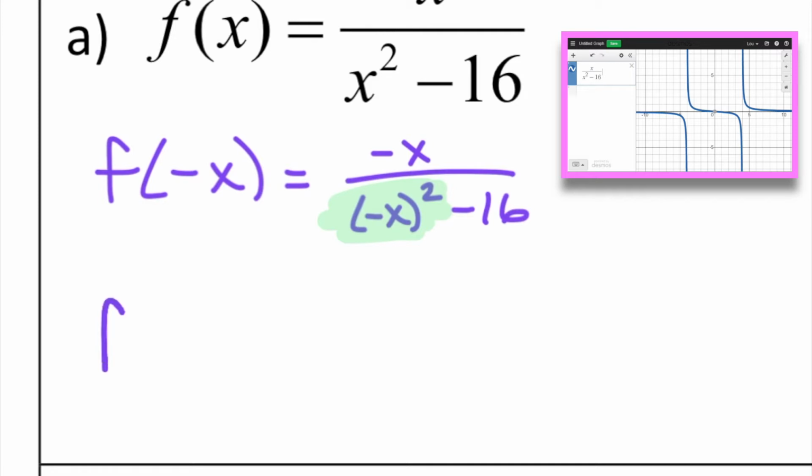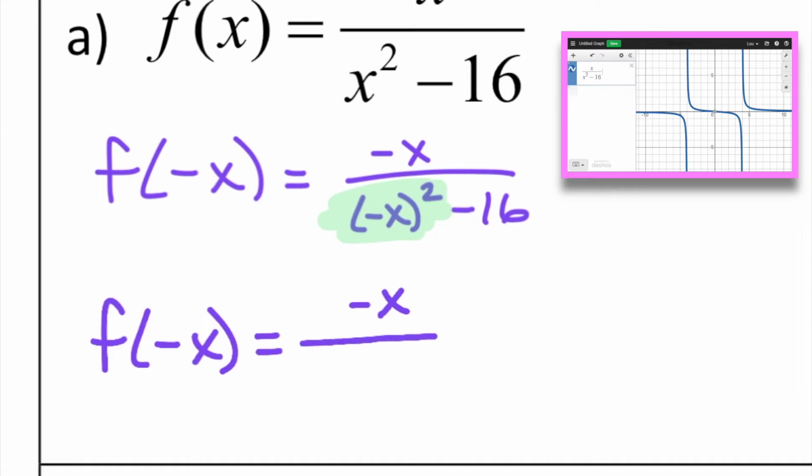And so f of negative x. Now that negative x in the numerator stays negative x. The negative x in the denominator becomes positive x squared. And remember that in a fraction, if either the numerator or the denominator changes sign, the value of the entire fraction has changed sign.